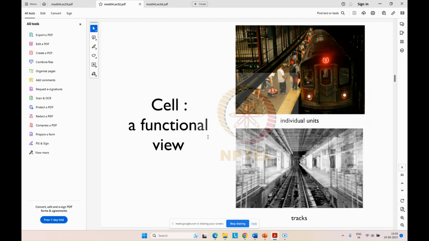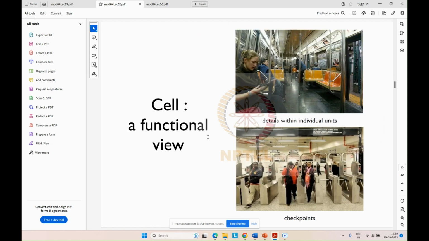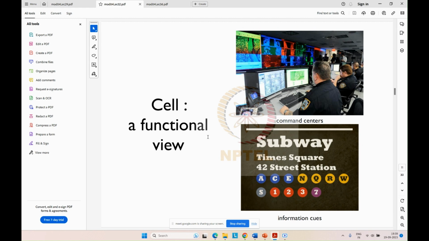There are definitely individual units or organelles present which can move on different tracks, if you want to take the subway example, such as the cytoskeleton that's present inside the cell. The individual units also have a defined structure inside them, and the structure is conserved between different kinds of eukaryotic cells.